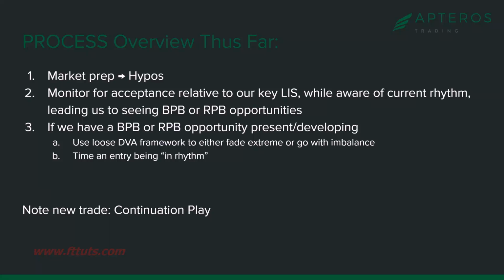If narrative has us looking for a return pullback short, we can fade an upper extreme of DVA or go with an imbalance down. And then ultimately we time that entry, being in rhythm, enough of a counter rotation, just that beginning shift in momentum that makes sense with DVA, that makes sense within narrative.